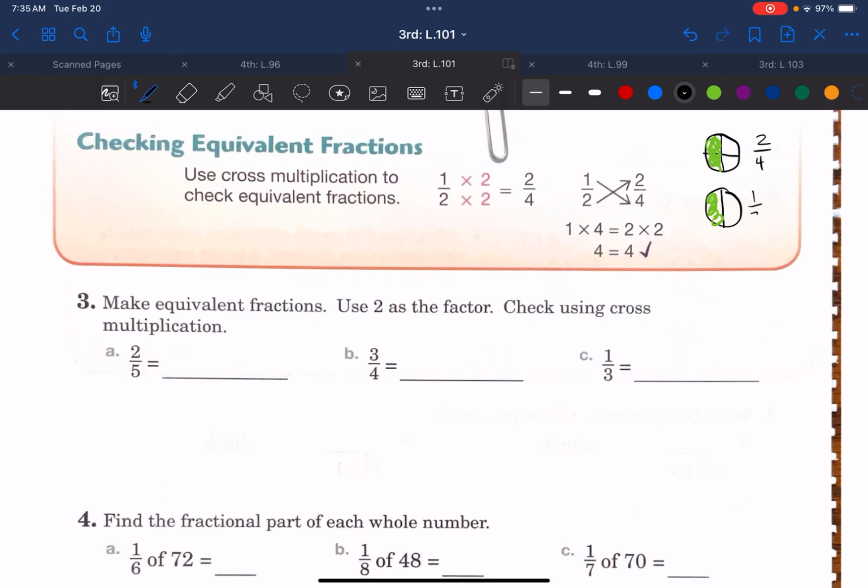This fraction is just 1/2. So those are equal.